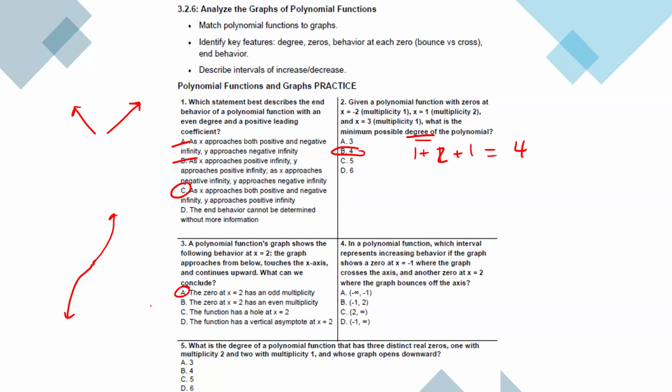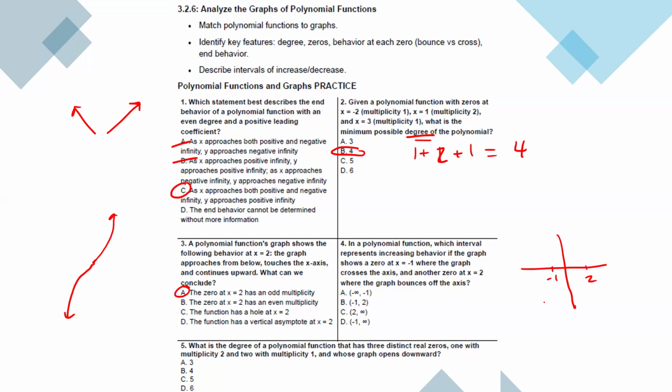A polynomial function, which interval represents increasing behavior if the graph shows a 0 at x equals -1, where the graph crosses the x-axis, and another 0 at x equals 2, where the graph bounces off the x-axis. So this is a weird way of describing, but we have -1, where we're going to cross, and at 2, we're going to bounce. It didn't say where we bounce. It just says what are possibilities.